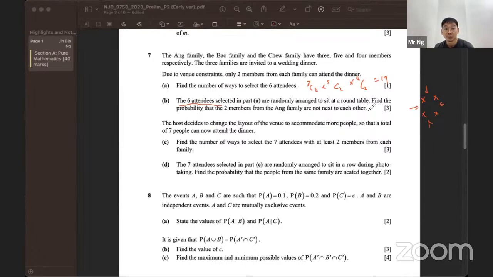Nonetheless, out of these 6, 2 will still be from the Ang family, 2 from the Bao family, and 2 from the Chu family. So there's a 4 minus 1 factorial times 4 choose 2 times 2 factorial.